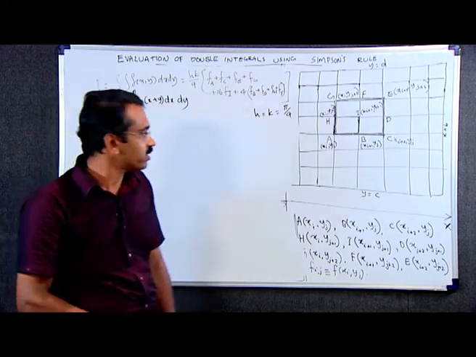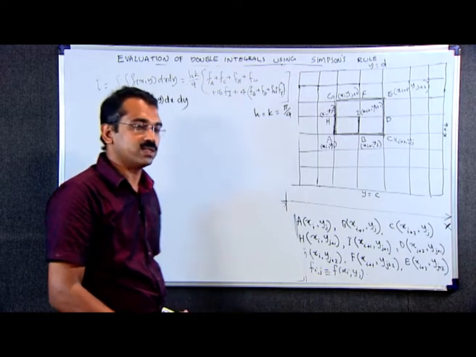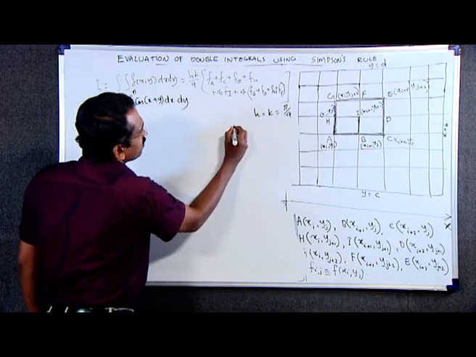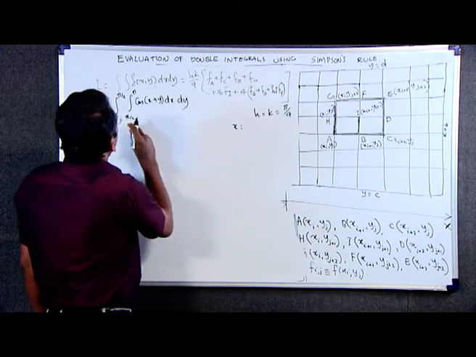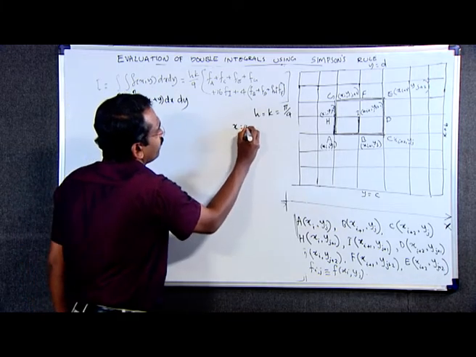into smaller rectangles like this. Here x varies from pi by 2 to pi.